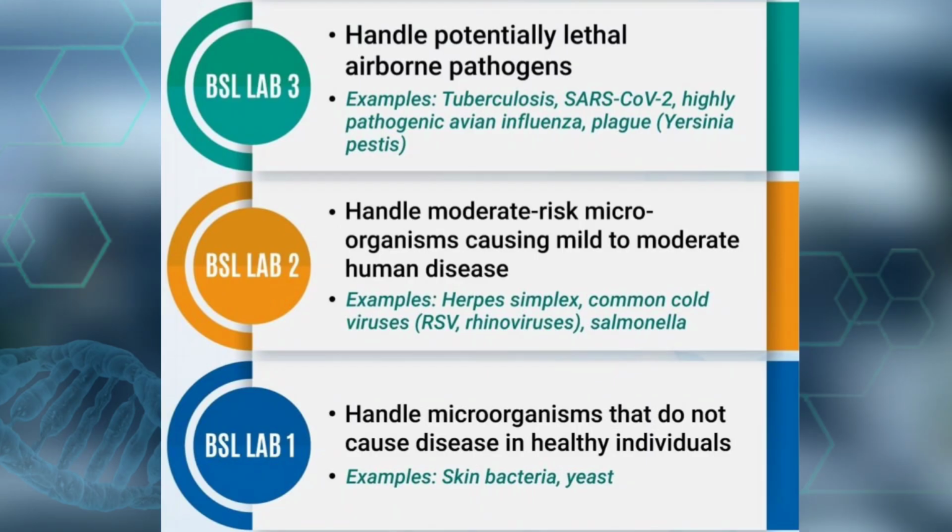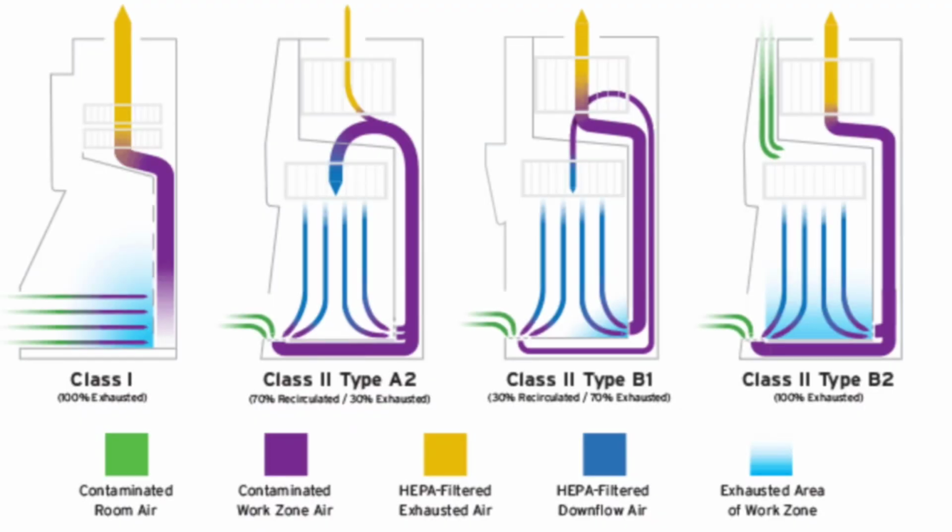Like Class 1 BSCs, Class 2 BSCs are appropriate for biosafety levels 1 and 2, with the addition of biosafety level 3. Class 2 biosafety cabinets feature a dual or triple HEPA filter system to safely handle the air exiting the containment unit.